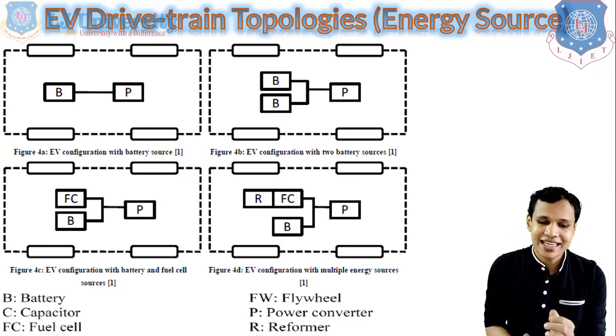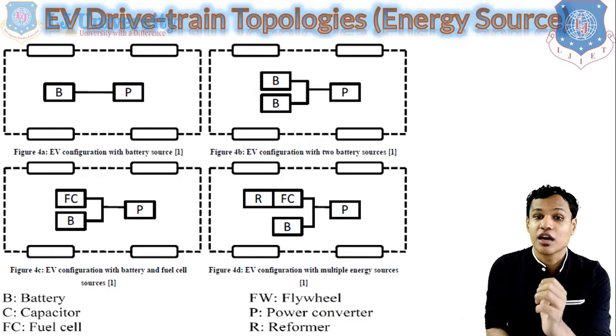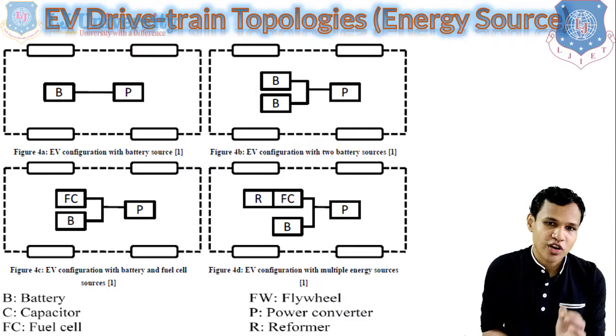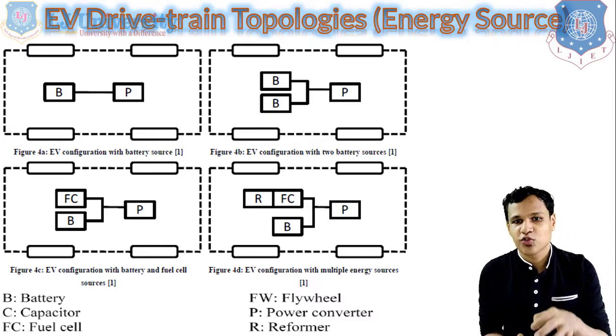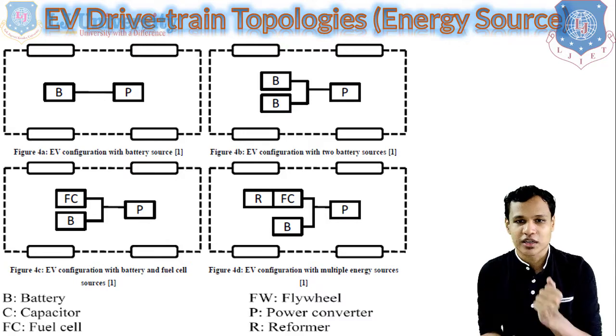B is for the battery, C is for the capacitor, or ultra capacitor, FW is the flywheel, P is for the power converter, FC is for the fuel cell, and R is used for the reformer.